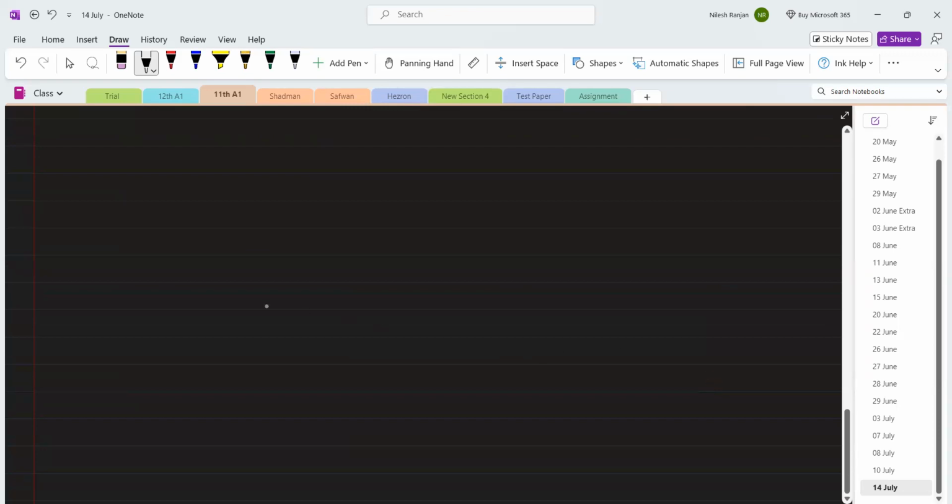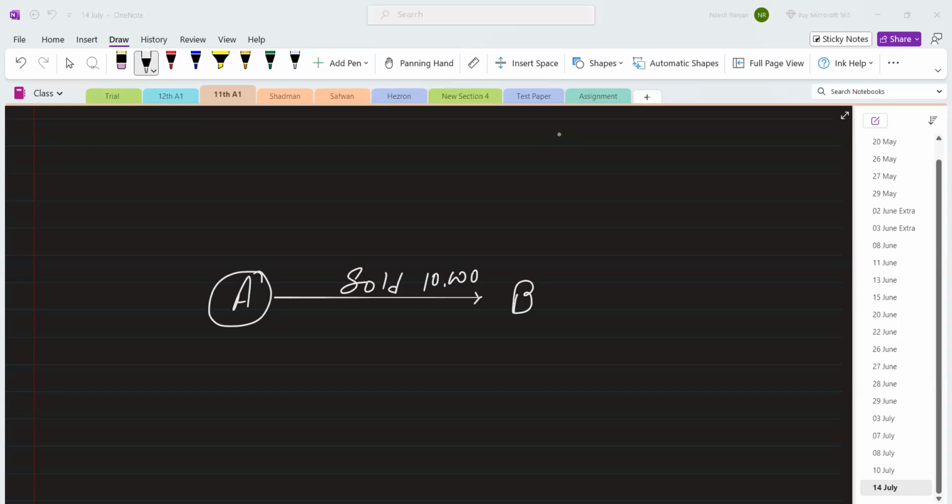Let's say that this is our company and we have sold some goods on credit basis to B. The value of goods was 10,000. After some time, we check the transaction and see that the goods we have sold are at less value, the valuation is not correct, and the goods should be valued at 12,000.